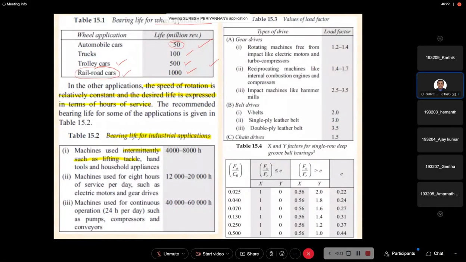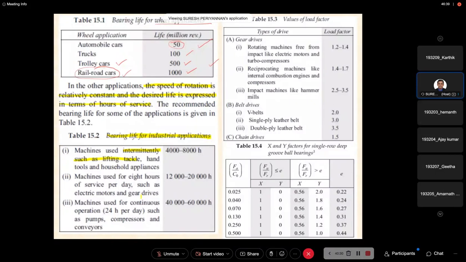That is what we mean by relatively constant speed in some industrial machines, such as lifts.